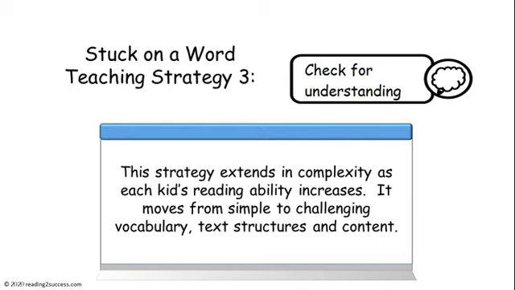The third strategy is check for understanding. This strategy extends in complexity as each kid's reading ability increases. It moves from simple to challenging vocabulary, text structures, and content.